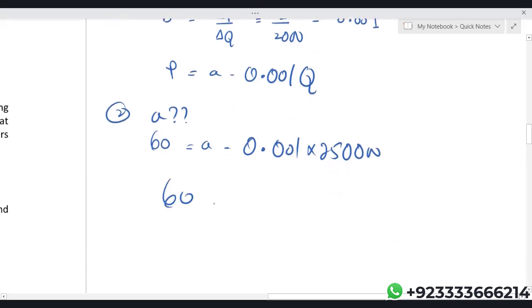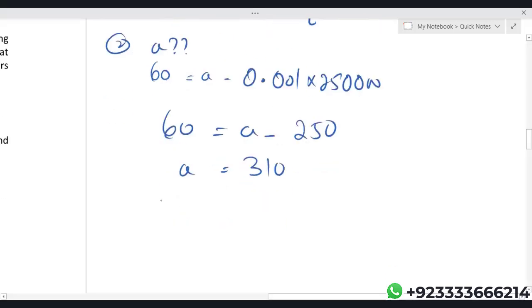So 60 is equal to A minus 0.001 times 250,000. So 60 plus 250, 310. Basically, if the selling price becomes 310, demand is going to be 0. Now the demand function is here.